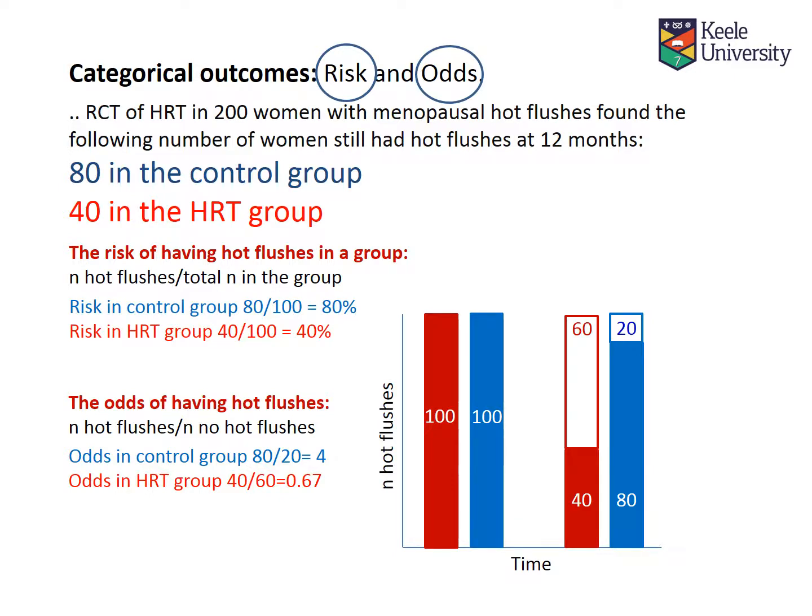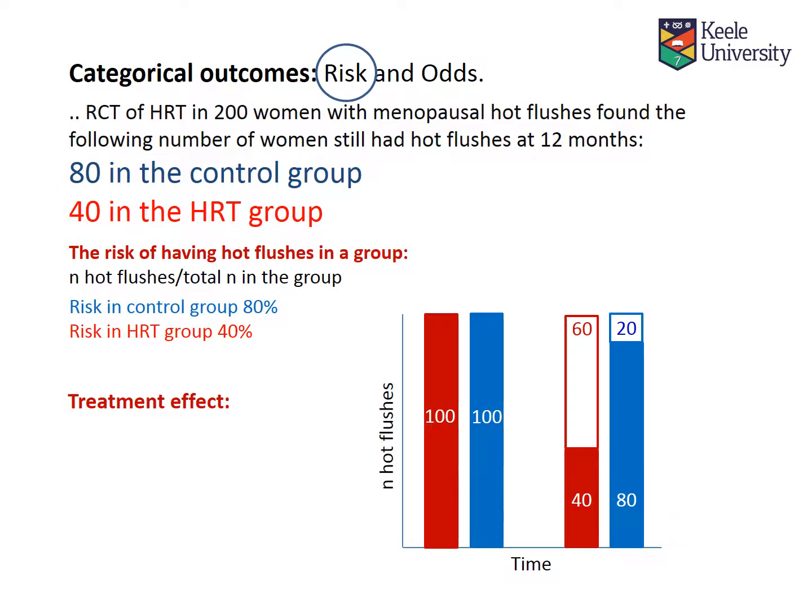Your odds of having hot flushes in the control group is 4 to 1, and your odds of having hot flushes in the HRT group is 1 to 0.67, or you can say 2 to 3. So it is less.